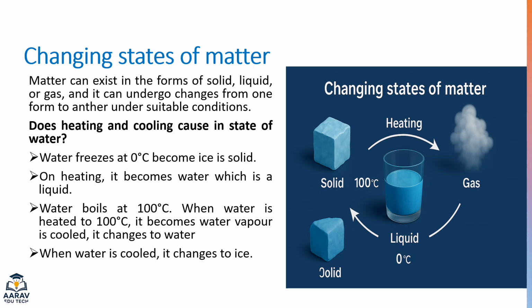When water is heated up to 100 degrees Celsius, it begins to boil and turns into water vapor, which is gas. And when water vapor cools down again, it becomes water, and further cooling turns it back into ice. This cycle shows how heating and cooling affect the state of matter.